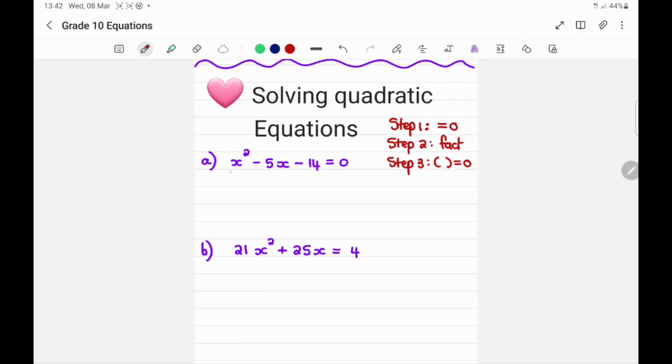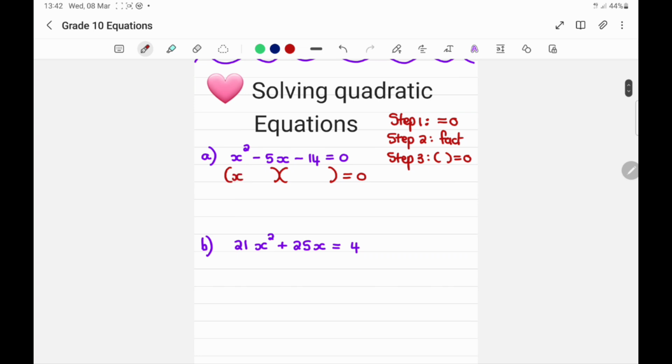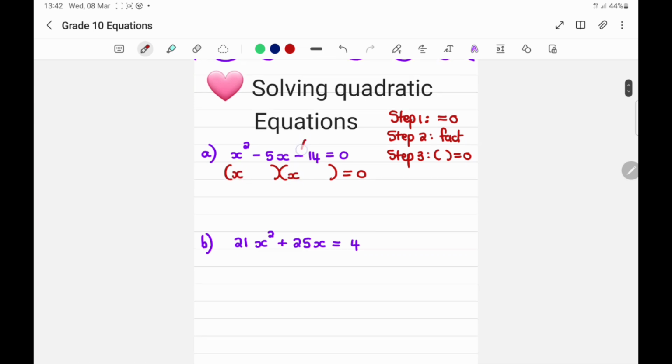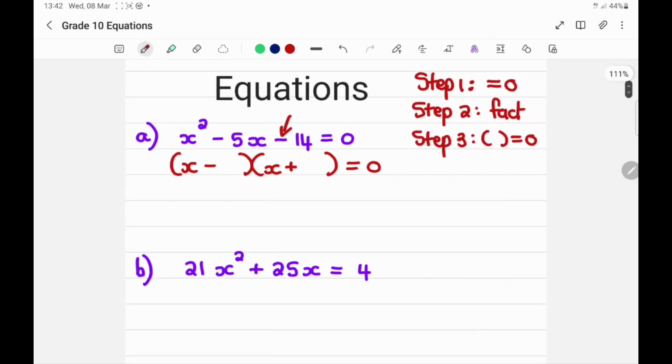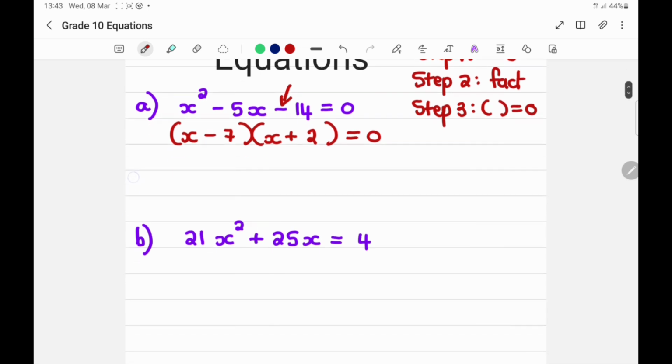Step 2, factorize. So hopefully you can spot that this is a trinomial now, and the signs are different. The first one is a minus, and then a plus next. And what times what gives you 14? 7 times 2. And minus 7 plus 2 does give you that negative 5.